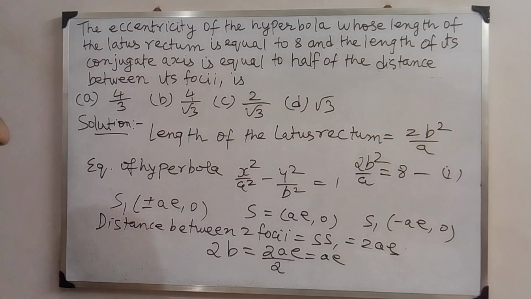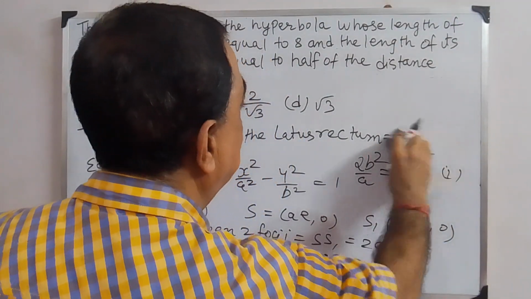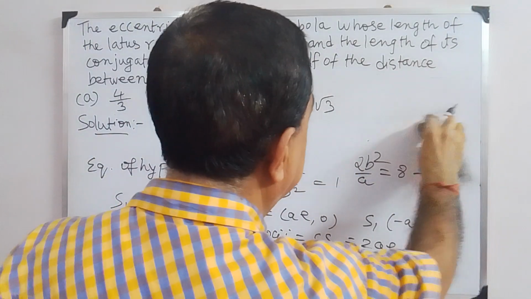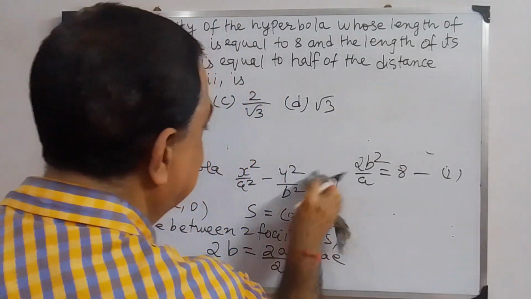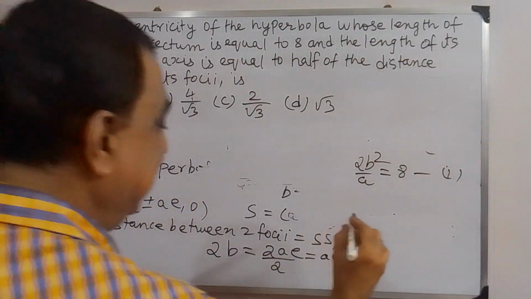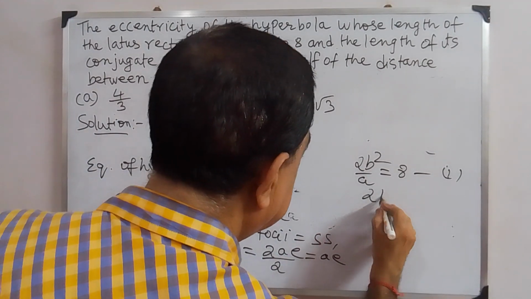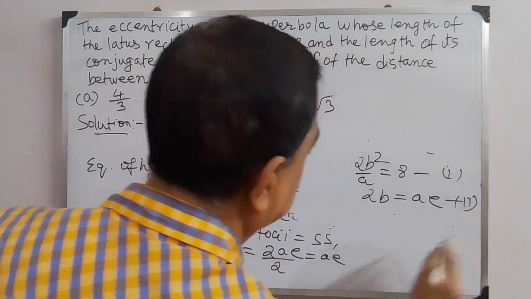So this is the second equation. I am writing the two equations here: 2b squared by a is 8 is the first equation, and 2b is equal to ae is the second equation.